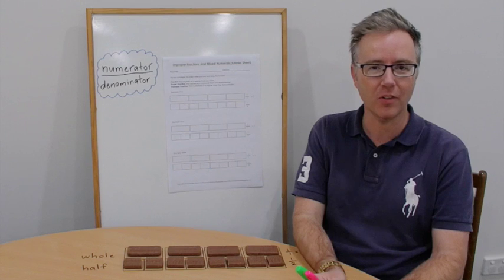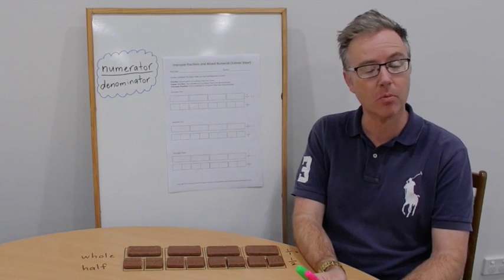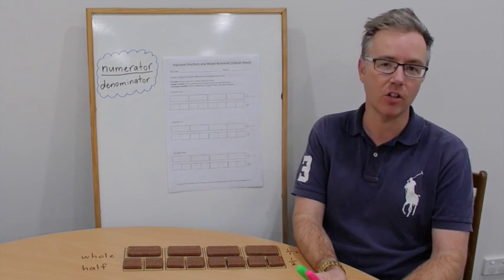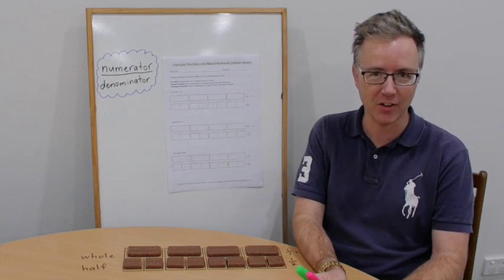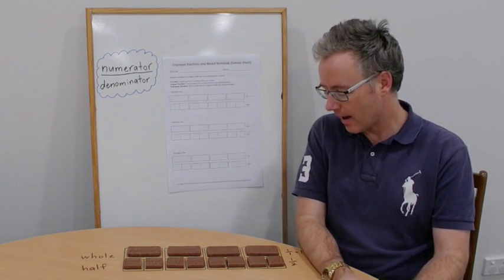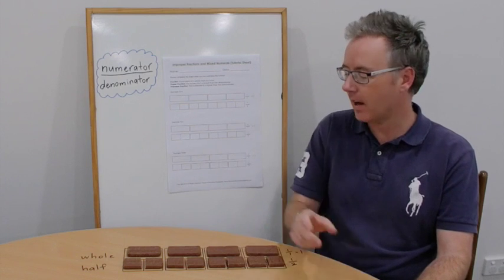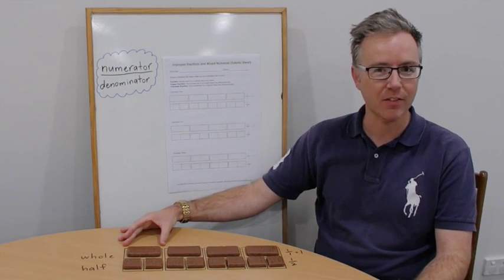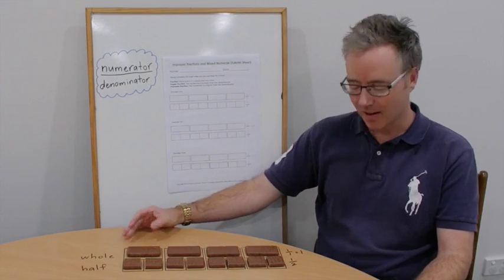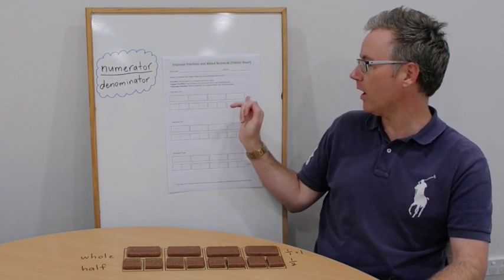But please, if you have not looked at earlier videos, if you feel as though you don't even know what a proper fraction is, I encourage you to go and look at my earlier videos. Now you can see here that I have some chocolate. We have our understanding of a whole. Our whole is 1. As you can see here, a whole is 1 over 1.